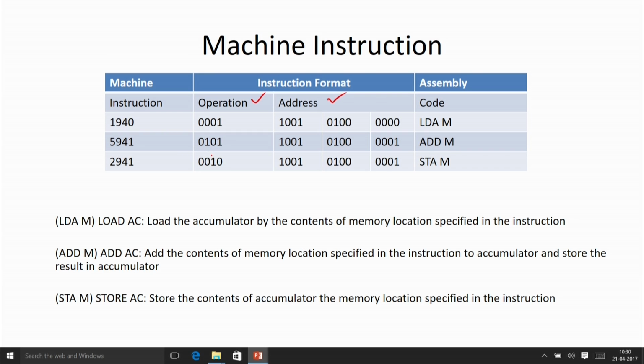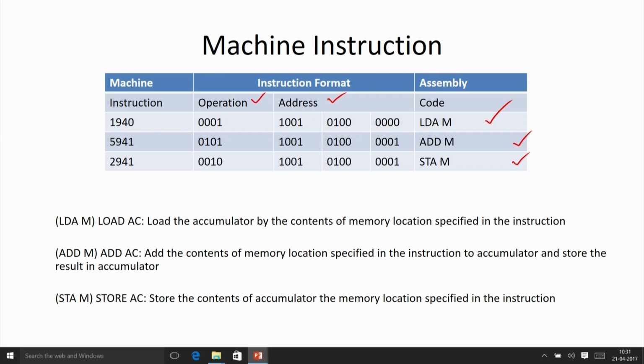For 5941, the operation code is 5, and this is the address. For 2941, the operation code is 2, and this is the address 941. Now, I am giving some symbolic names to them. Here I say LDAM, that means load the accumulator from memory location M, ADDM, and STAM. So, we are designing 3 instructions in this particular processor.